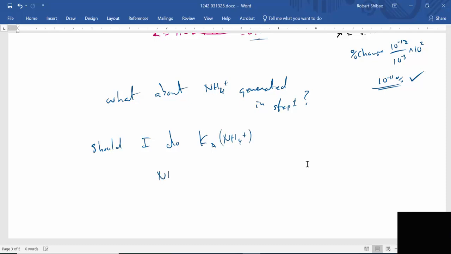Ka for ammonium is we have ammonium plus water yields hydronium plus ammonia. This is going to generate some additional hydronium, and should I add that additional hydronium to one of the steps?